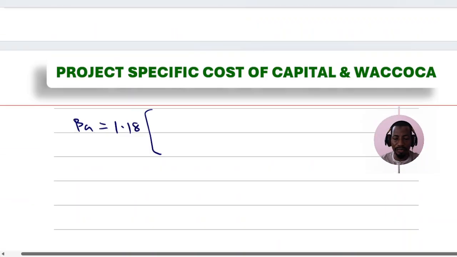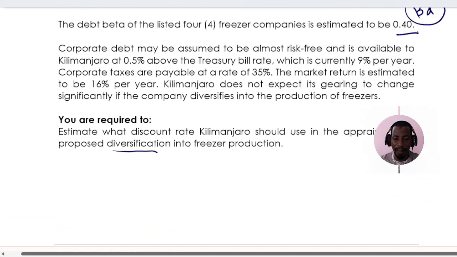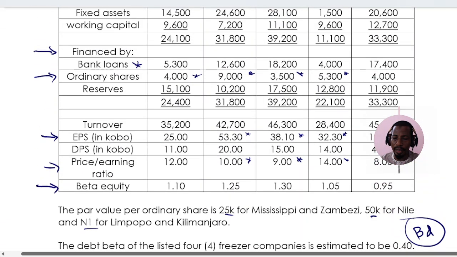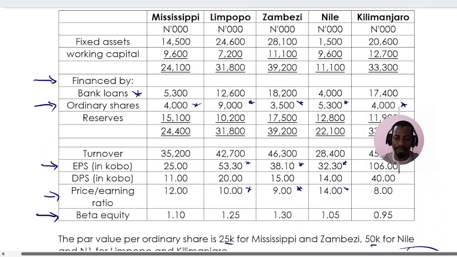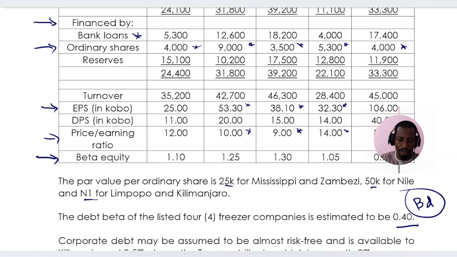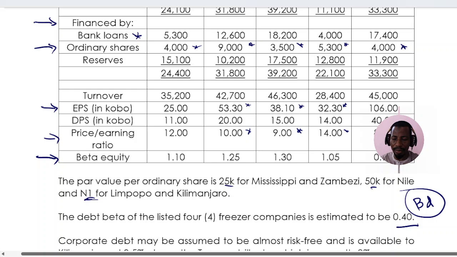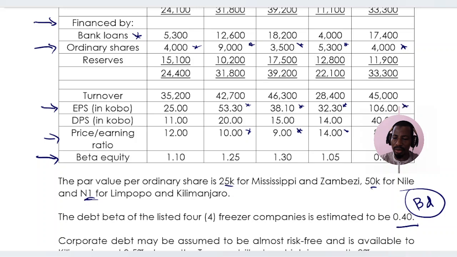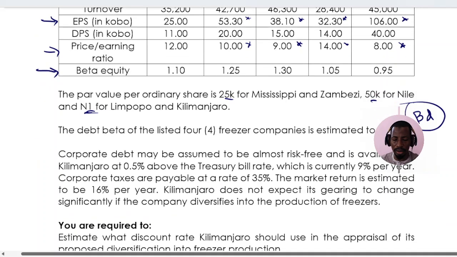The share capital of Kilimanjaro is 4,000. Then the nominal value of Kilimanjaro is 1 naira, because we are told that 1 naira for Limpopo and Kilimanjaro. So 4,000 divided by 1 naira. Then the price earning ratio is 8. Earning per share is 106.